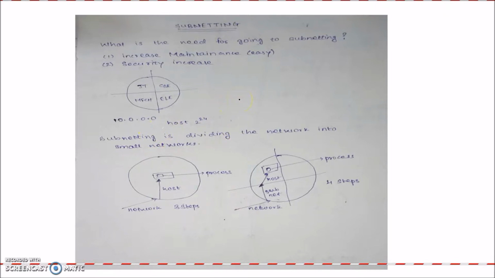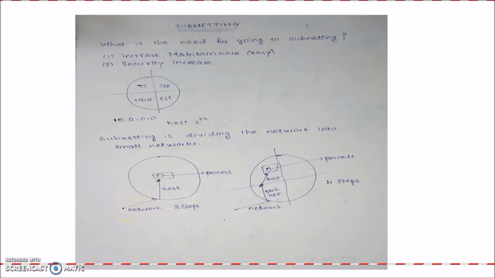Subnetting is nothing but dividing the whole network into small networks. The advantages of subnetting are decreasing the difficulty of maintenance and increasing the security. The disadvantage is that, in the whole network, processing a host has 3 steps.